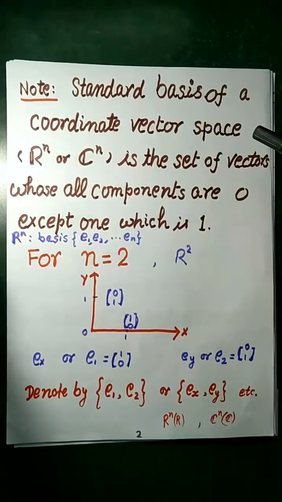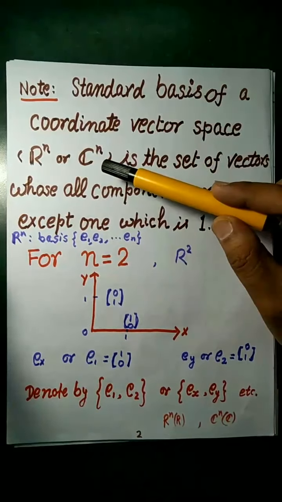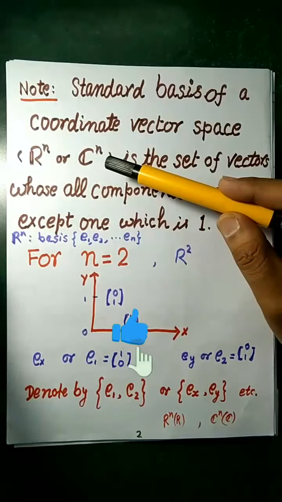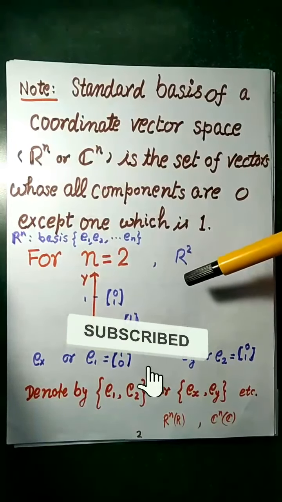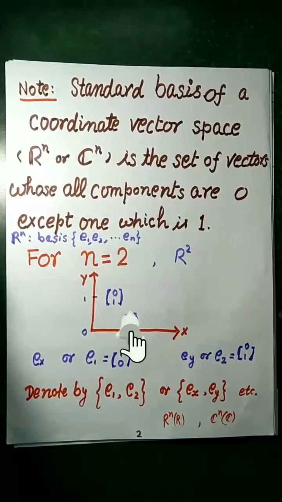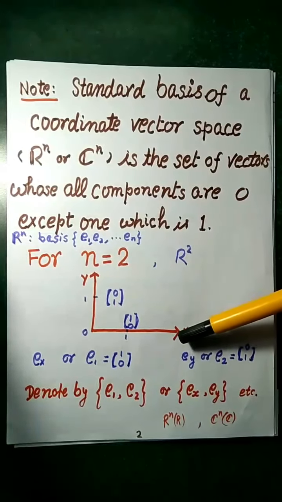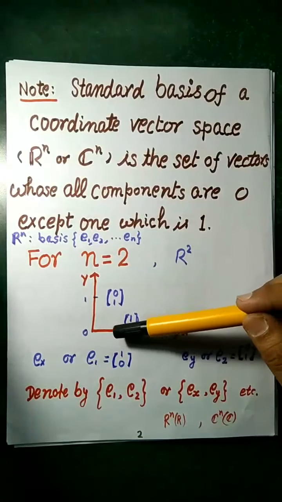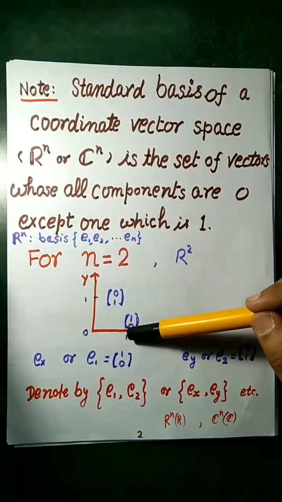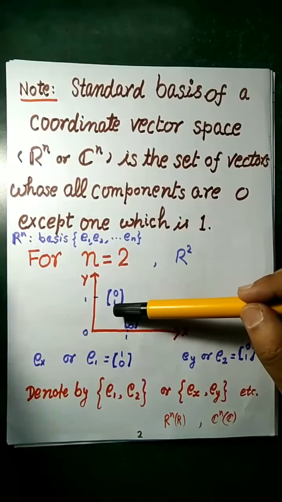Standard basis of a coordinate vector space Rn or Cn. For simplicity, we consider the space n equals 2. So this is the x direction, unit distance from here, (1, 0) is the point here. Similarly here (0, 1).